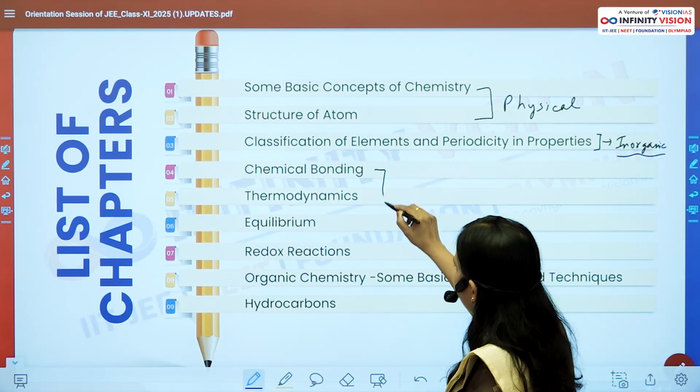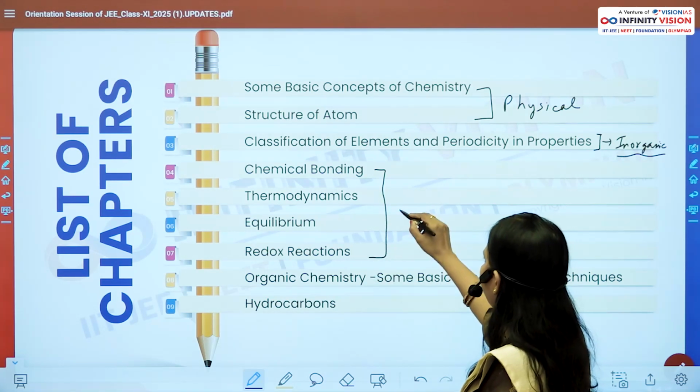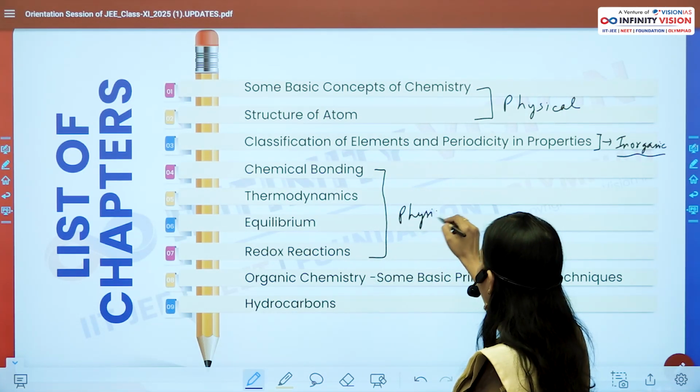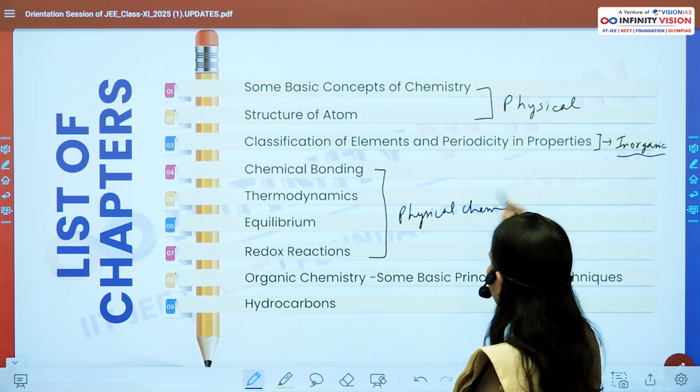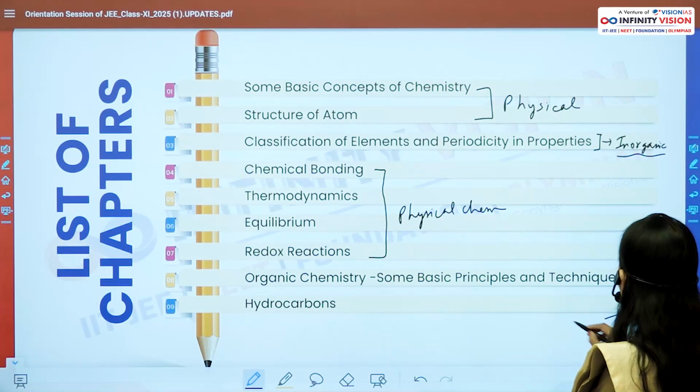Chemical bonding, thermodynamics, equilibrium and redox reactions are again from the physical chemistry branch. Organic chemistry and hydrocarbons are from the organic chemistry branch.